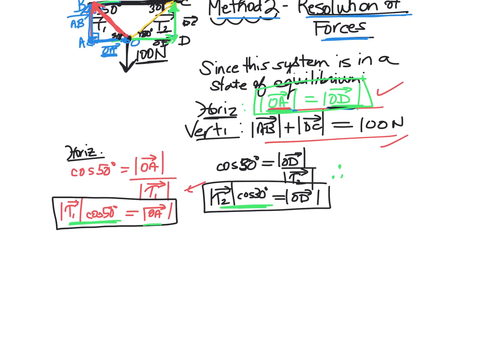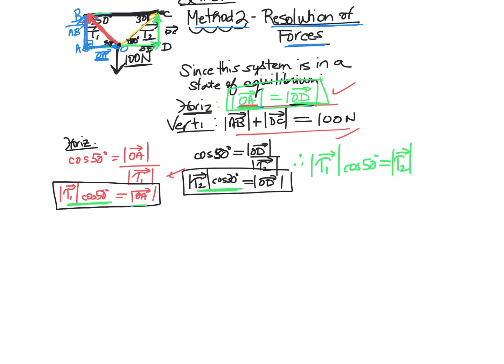So the magnitude of the tension 1 multiplied by cos 50 has to equal the magnitude of tension 2 multiplied by the cos of 30 degrees. So I have an equation now that is true and that has my tensions in it, but I have one equation with two unknowns, so I can't solve yet.